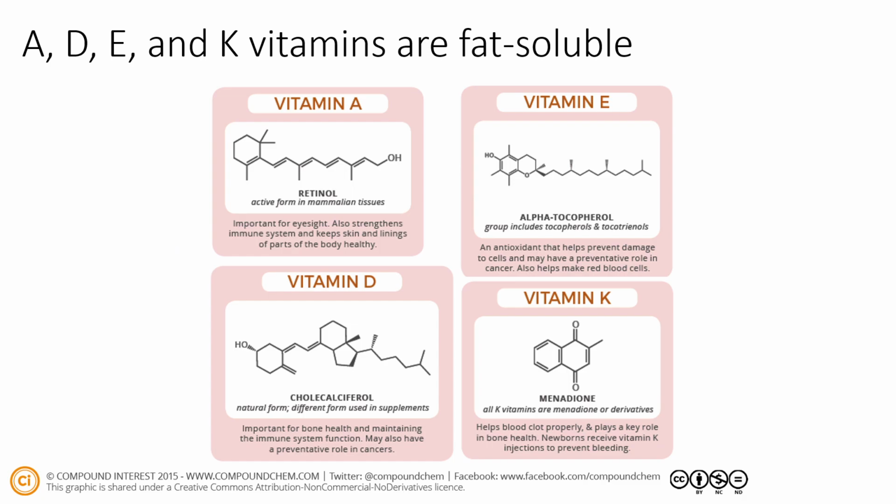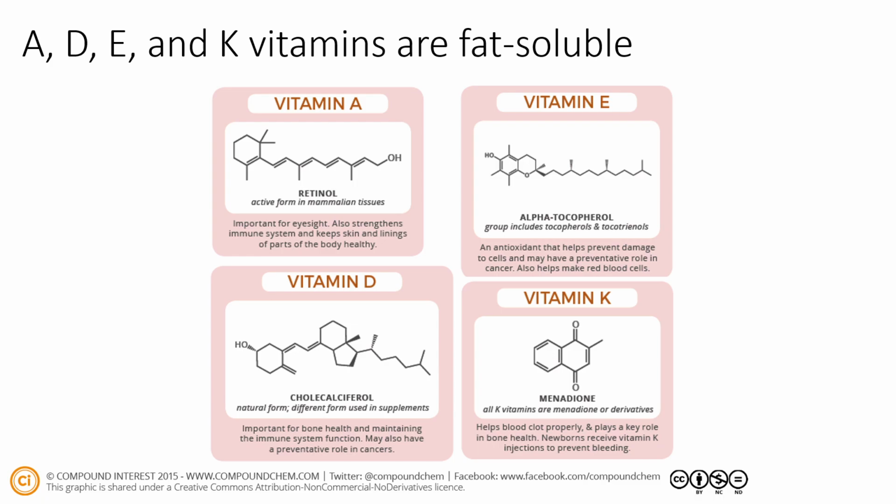Vitamin D is one type of vitamin that is fat soluble. There are also other vitamins that are fat soluble. These include vitamins A, D, E, and K, and these little blurbs have a bit of information about each of them. Vitamin D is the one that's derived from steroids, but all four of them are fat soluble. They're hydrophobic.